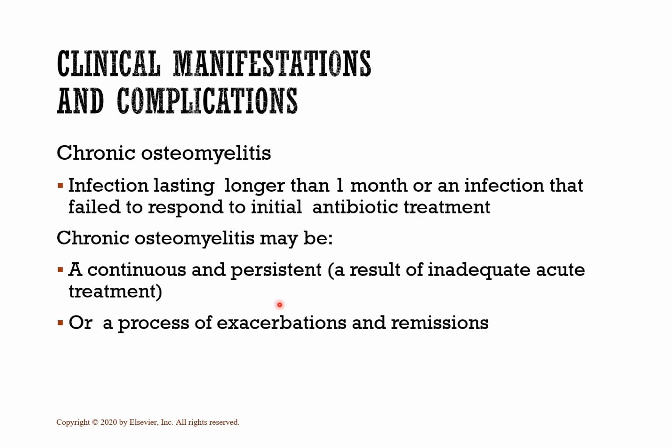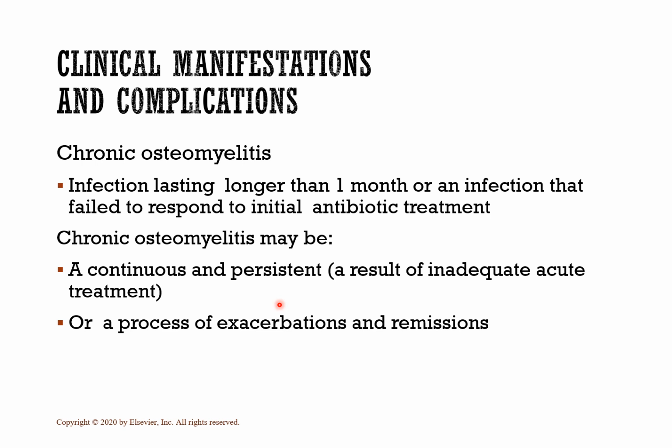So under chronic, just to make things interesting, this is an infection lasting longer than 1 month, or an infection that failed to respond to initial antibiotic treatment. So our job is not to figure out whether it's acute or whether it's chronic. Once the patient is admitted, the physicians will assess the patient and they'll say, okay, the patient has acute osteomyelitis, or they'll say, okay, this patient has a chronic osteomyelitis.